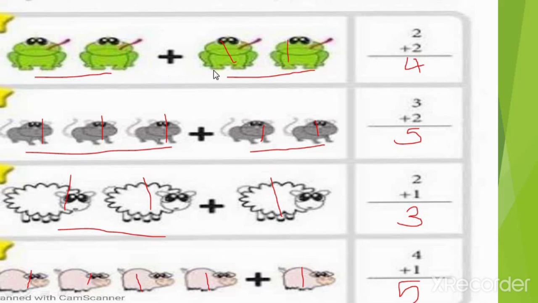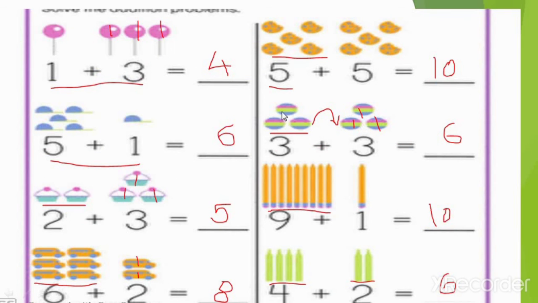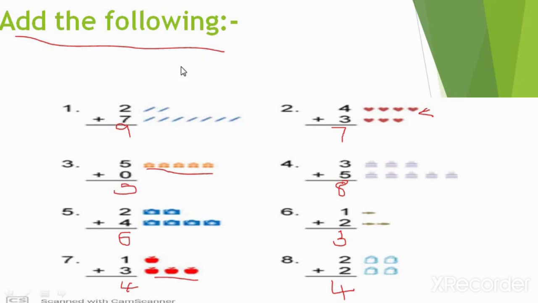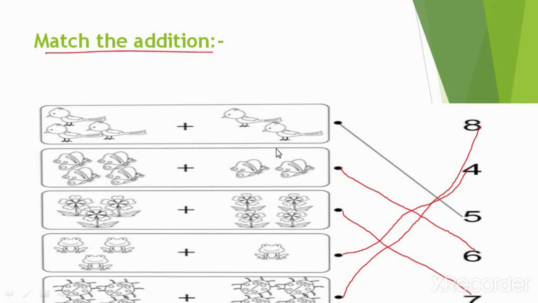Look, these are the pictures and these are the addition sums. We learned to make oral sums, how to make oral calculation with the help of given numbers. We know how to add single digit numbers, which means we have done single digit addition. We also learned match the addition.